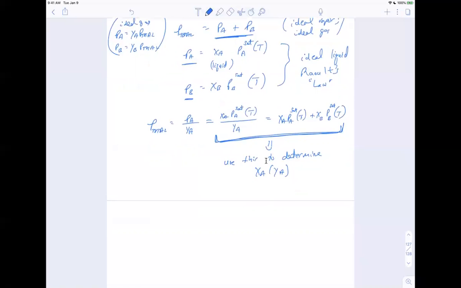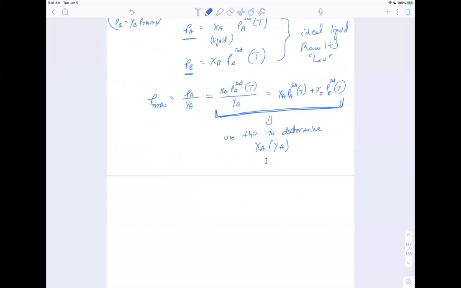This is really just all algebra. So we'll start with this expression.